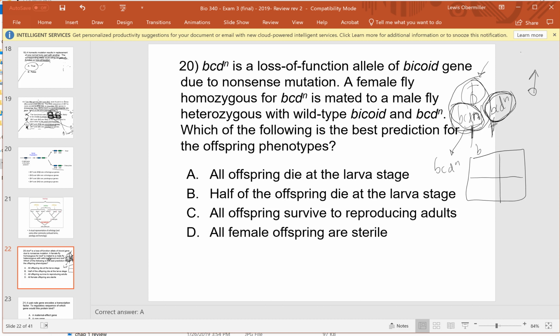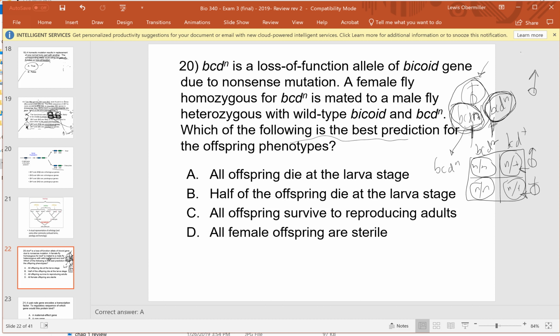And then this male would be BCDN, and then BCD plus. So these would be NN, and these would be N plus. Same thing here, NN and N plus. And we could say that these are the males and these are the females here.